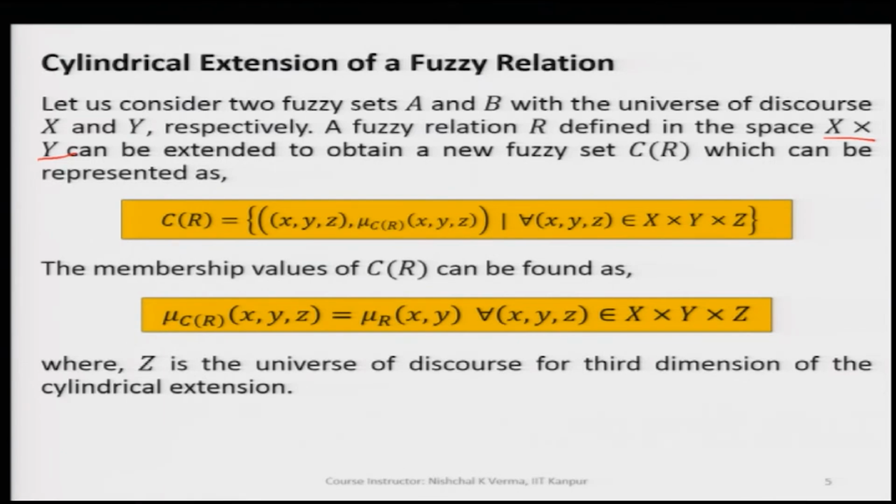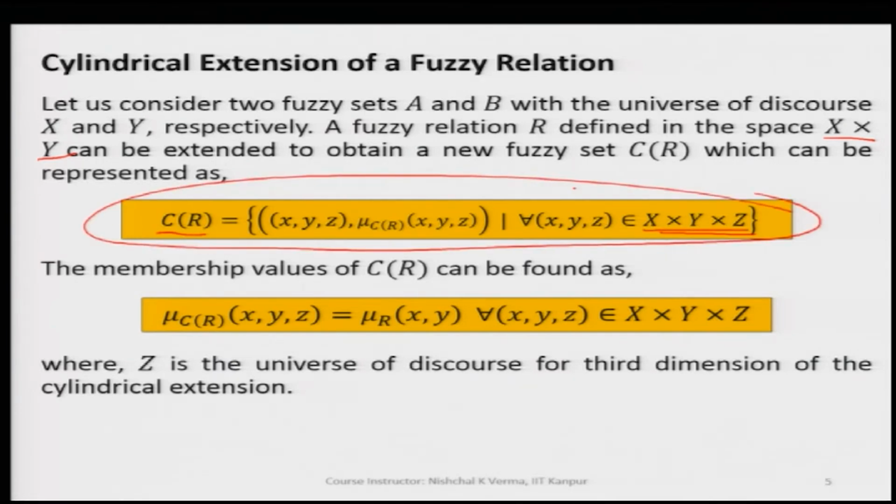The cylindrical extension of R can be expressed by C of R, and then the same fuzzy relation is now expressed in 3 generic variables, and the universe of discourse here will be capital X cross Y cross Z. This is defined by this expression.